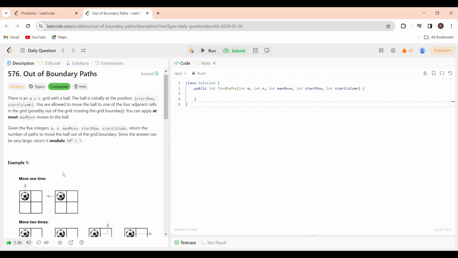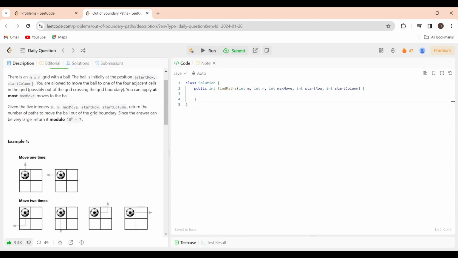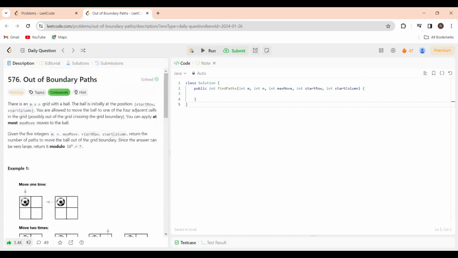The crucial points here are that we have to keep in mind that it has to go out of bounds and it has to go only max moves from the start position. These conditions have to be kept in mind. So this is a simple recursion, as we have four choices here.